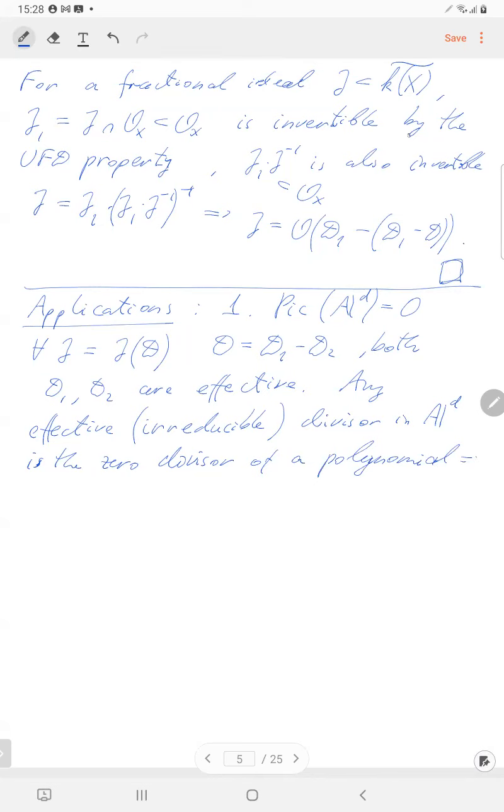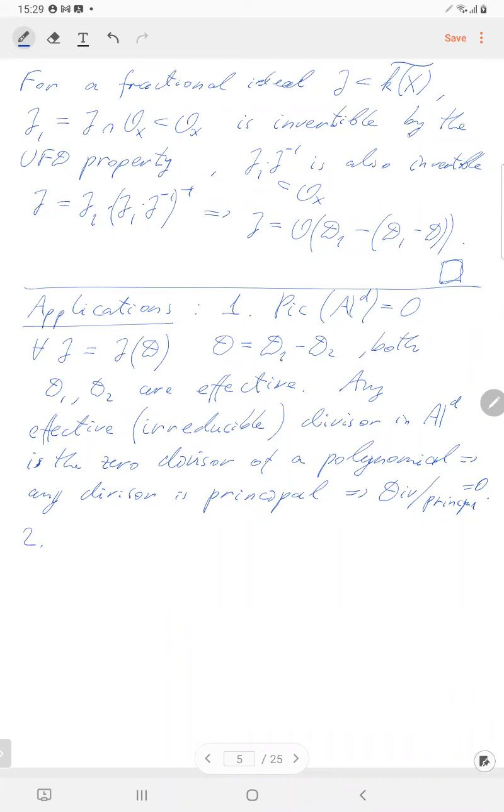So any divisor is principal, and hence the group of divisors modulo principal is just 0. Okay, and that's what we wanted to prove.